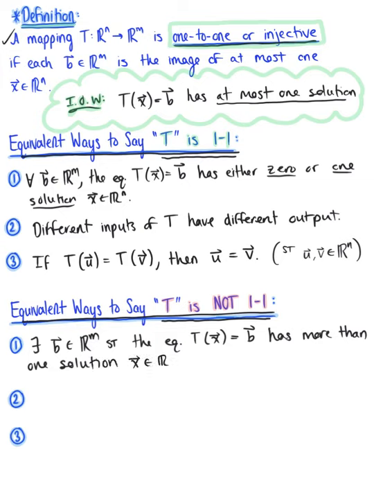If this is the case, then we know our transformation is not a one-to-one mapping.